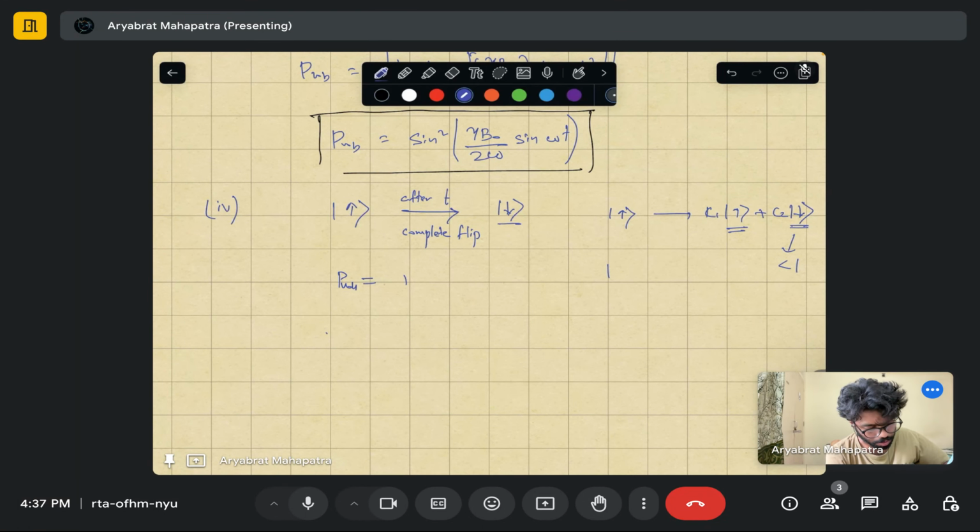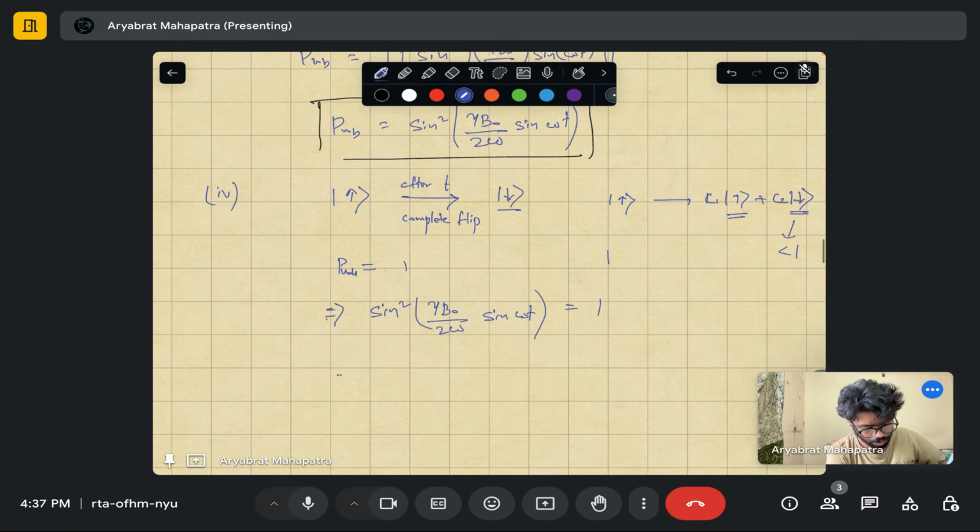From the probability expression which we got, we have to basically equate sine squared with 1. We know that for sine square, at pi by 2 the value of sine is maximum.